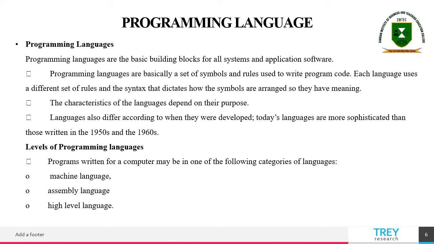Now, having looked at the basic introduction to programming languages, let us look at the levels of programming languages, which we will elaborate on as we go on in this lecture. Programs written for a computer may be in one of the following categories of languages: machine language, assembly language, or high-level language.